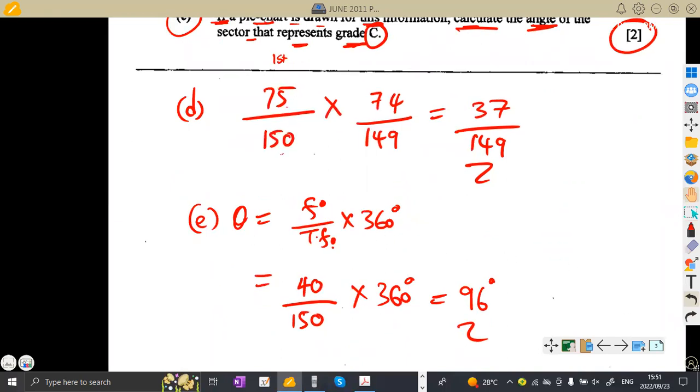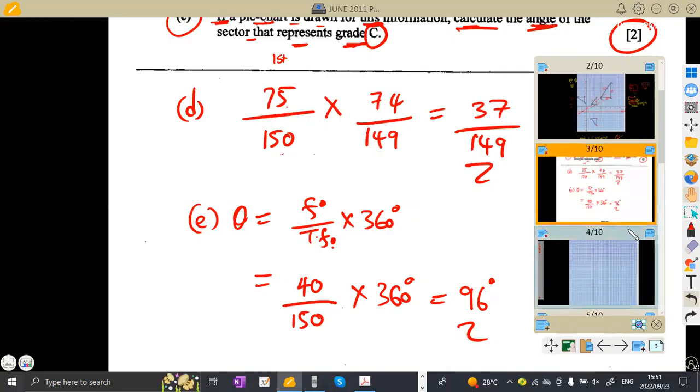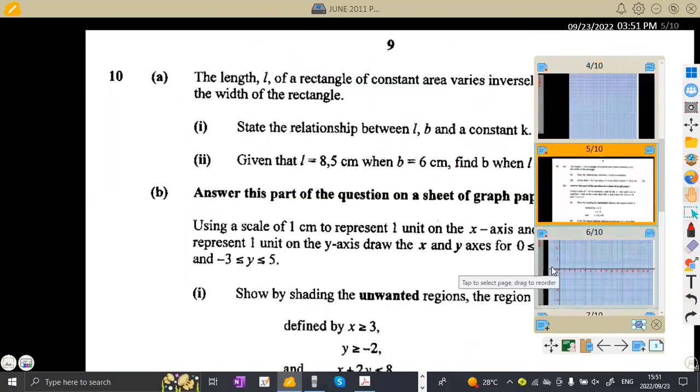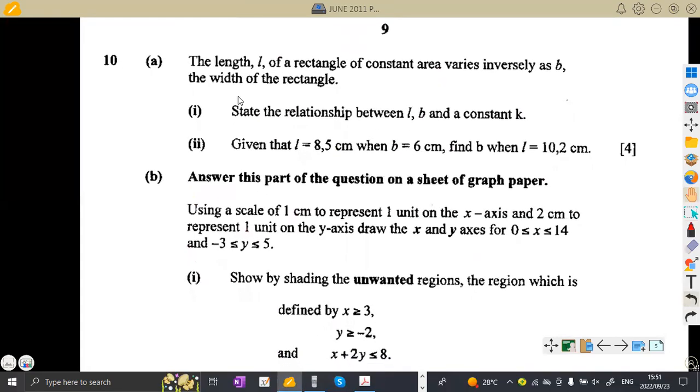Okay, so guys, as you can see, it's pretty clear and easier at the other end. So it's a matter of working with different questions and examples. It can actually help. Okay, so let us quickly move on to question 10, where we are given the length L of a rectangle of constant area varies inversely as B, the width.